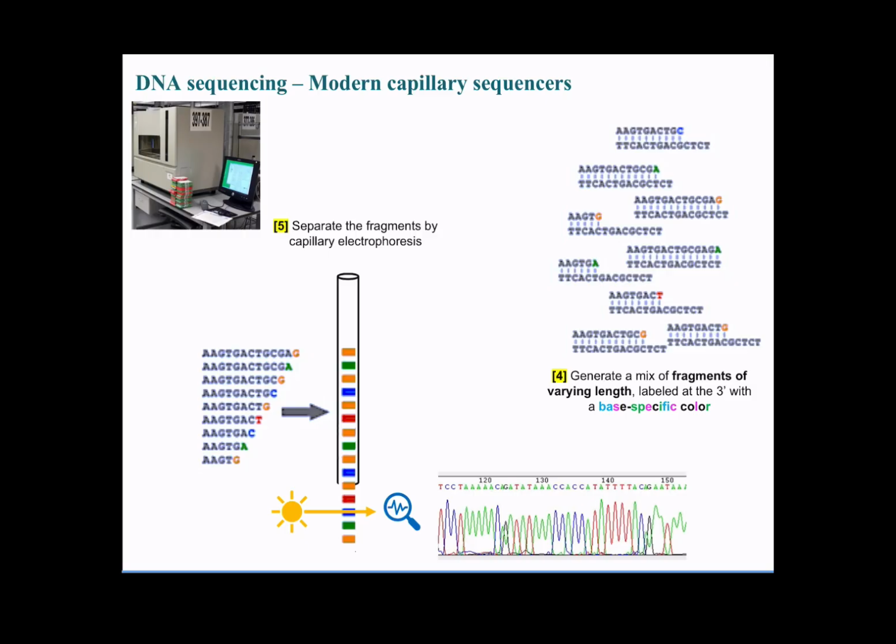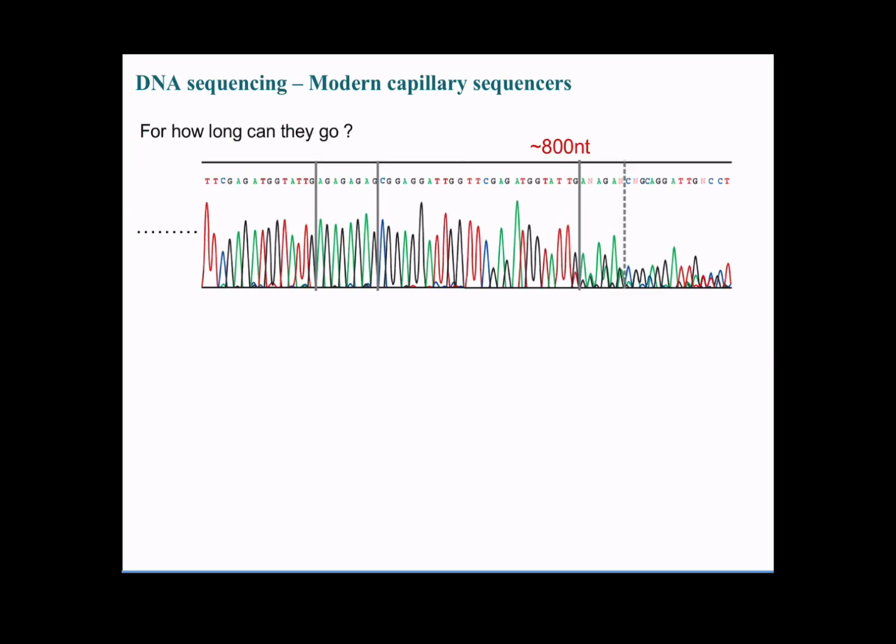Each of those peaks of fluorescence are clean, right? Like you see only one color for each peak. And the computer will, with a lot of confidence, make a call, right? It will say, here there is an A, here there is a C, here there is an A, and so forth. Right? Now, that won't go on forever.